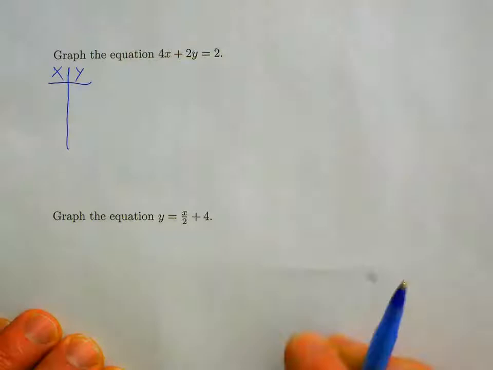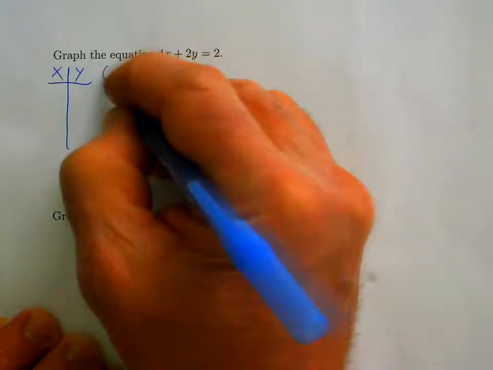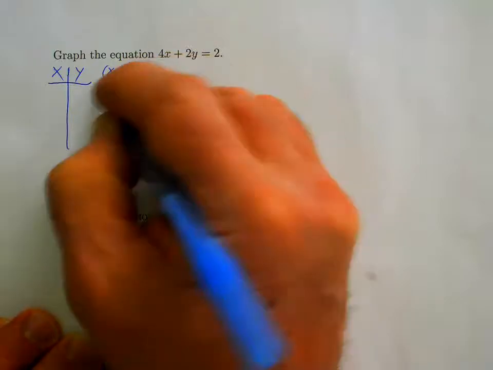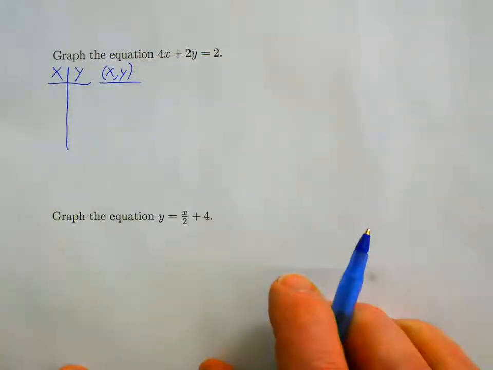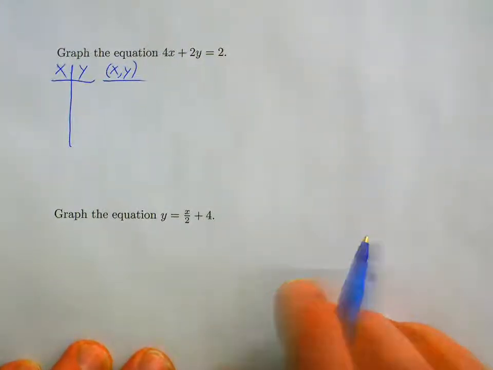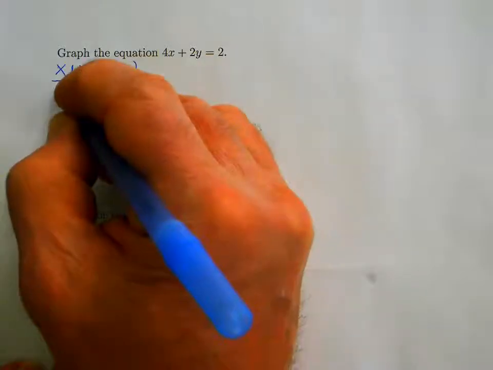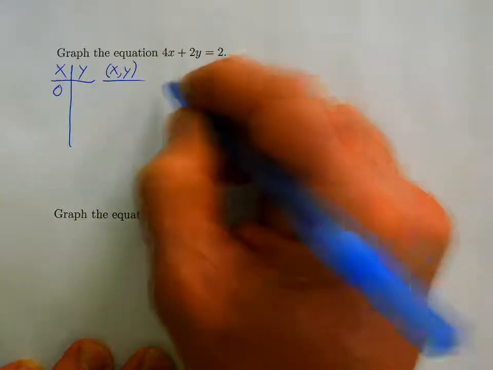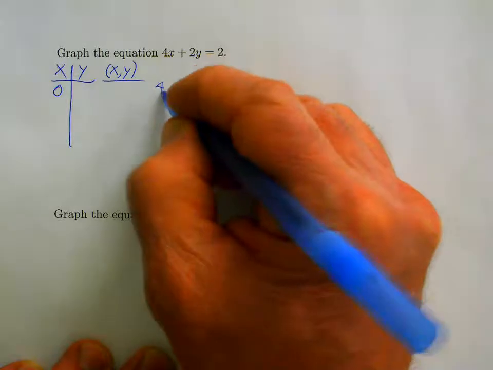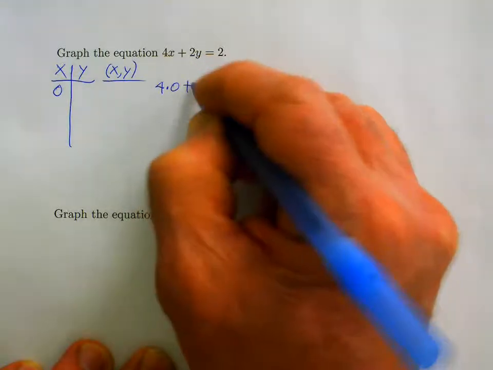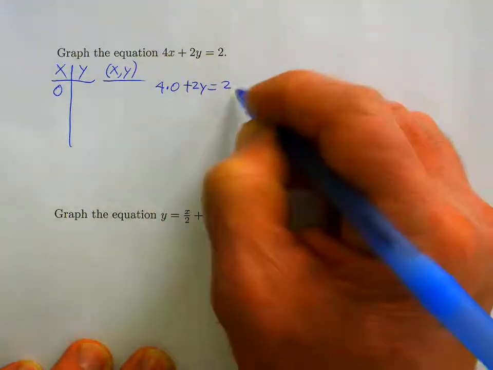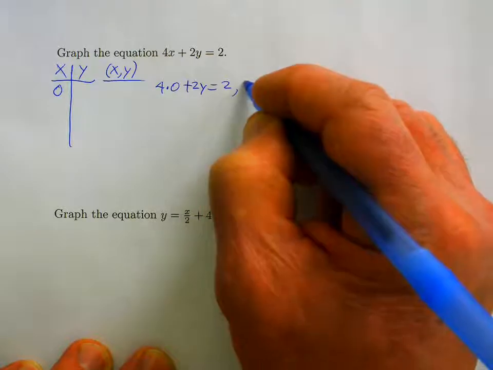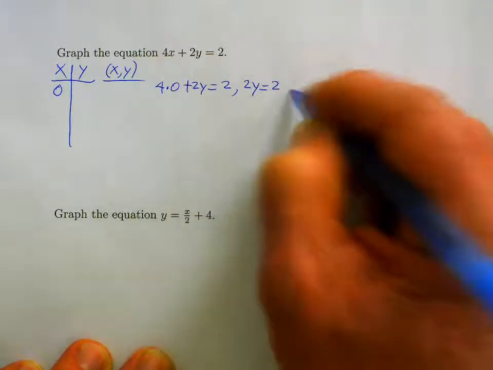So we have infinitely many choices. We just need to find 2 ordered pairs. So if we pick x to be 0, then we get 4 times 0 plus 2y equals 2, or 2y equals 2, so y equals 1.